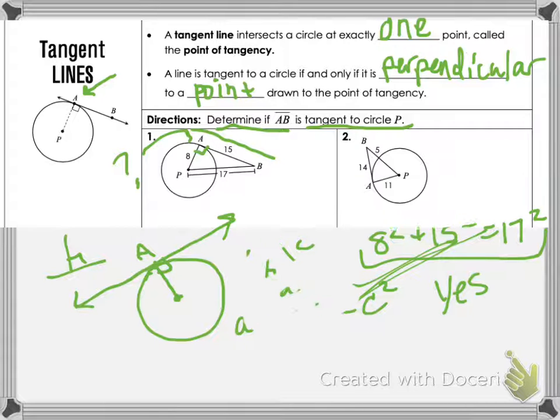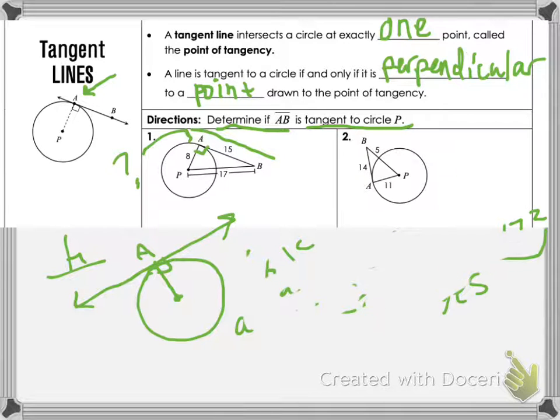Do some erasing here. Number 2 is a little bit trickier because take a look at where that 5 is. Again, what we're trying to figure out is if this line AB is tangent to this circle at point A. And if it is, then this would be a right angle and this would be a right triangle.